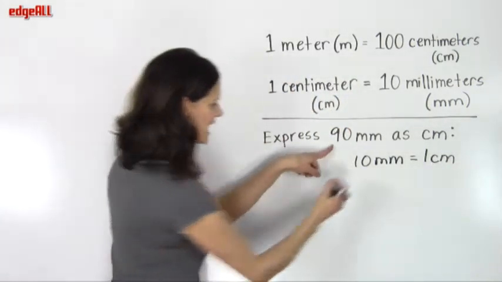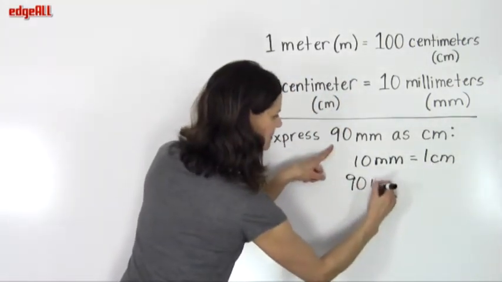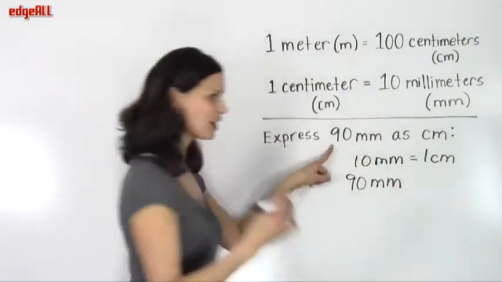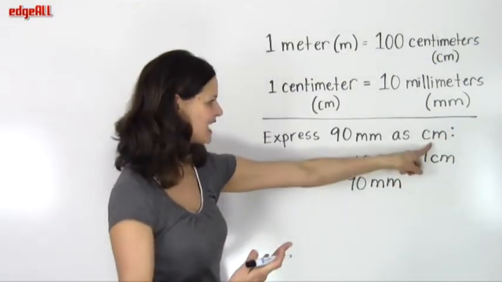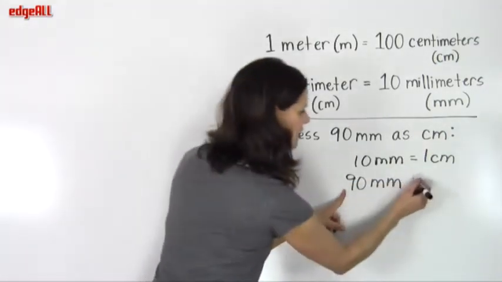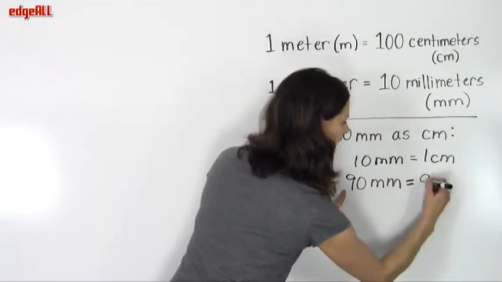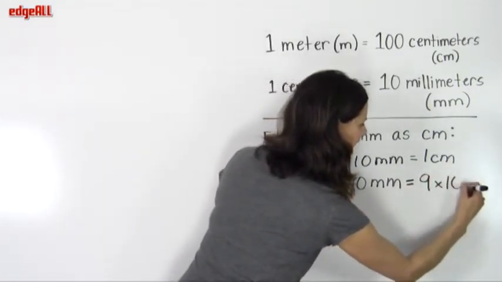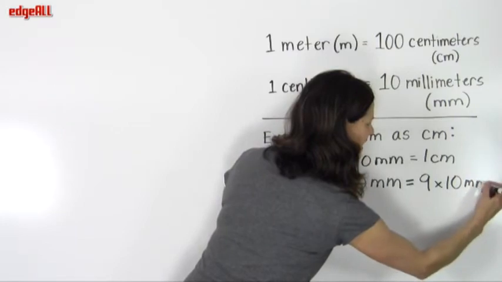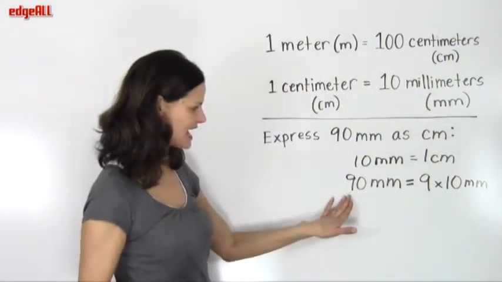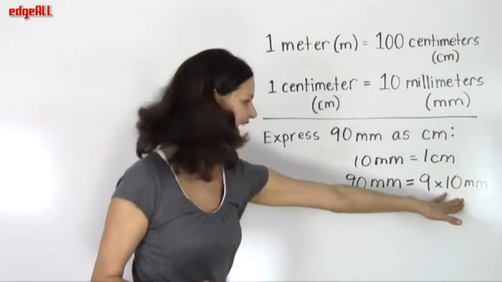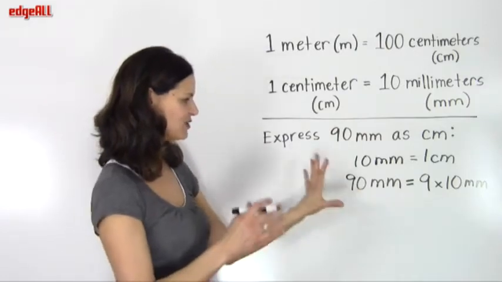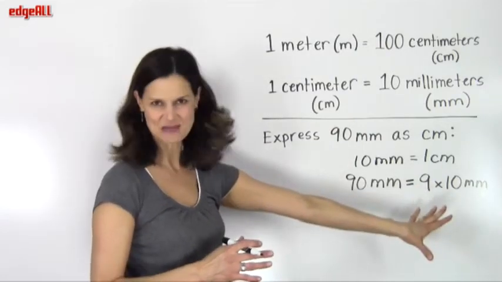And so I'm going to take my 90 millimeters that I'm working on converting over to centimeters, and I'm going to rewrite it by breaking it up into 9 times 10 millimeters. So 90 is equal to 9 times 10.